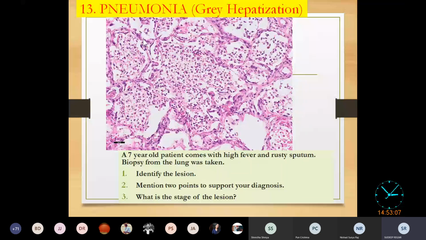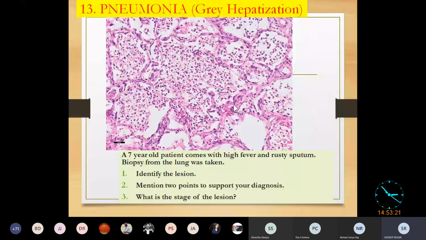Actually, these alveolar spaces should be empty and filled with air, so that there is an exchange of oxygen with carbon dioxide. That is how a lung works.